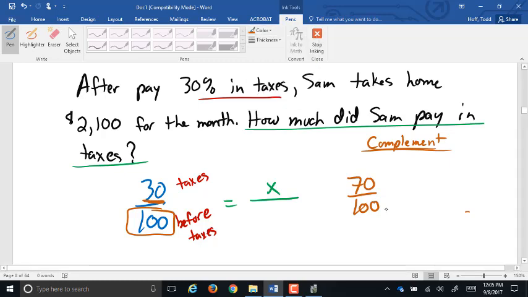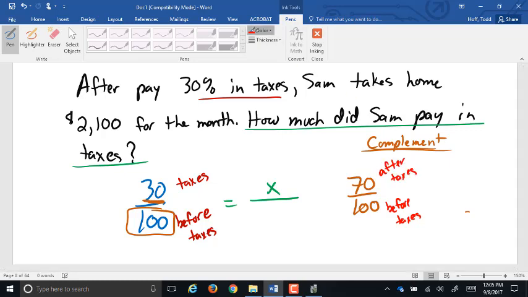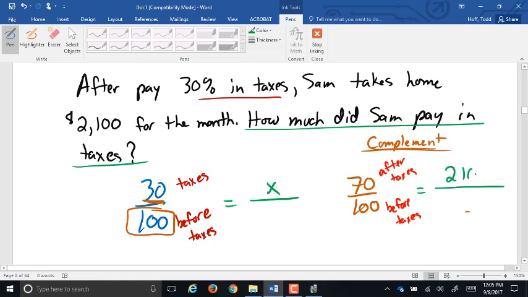The 100 still represents the before taxes. The 70 represents after taxes. So now the 2,100 is the after-tax amount.